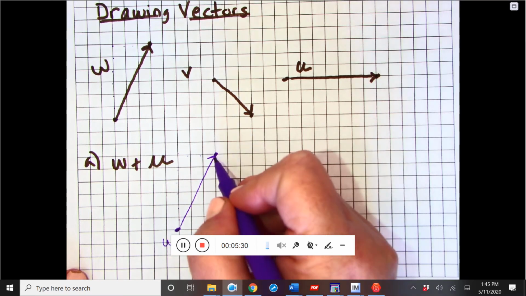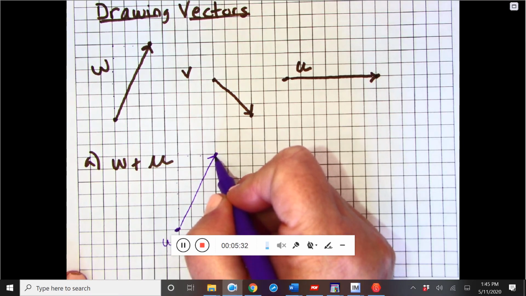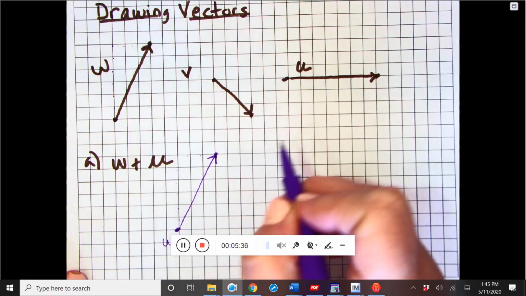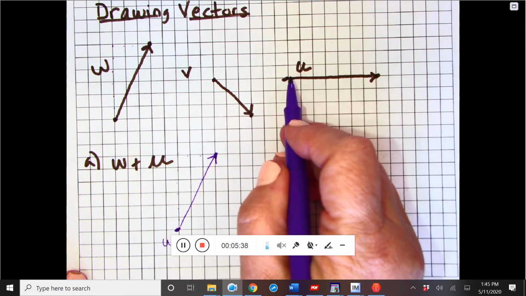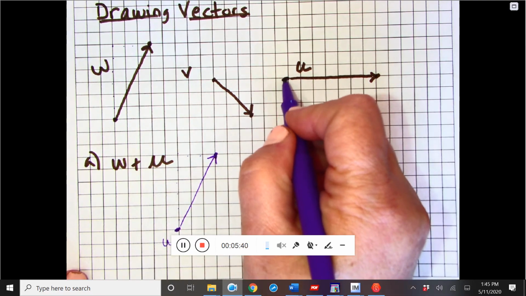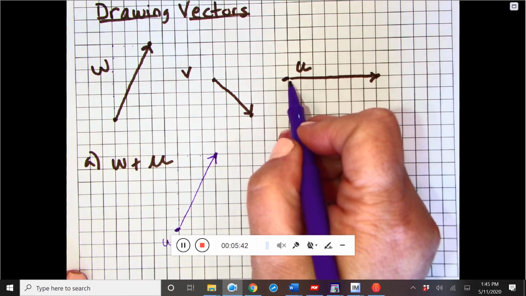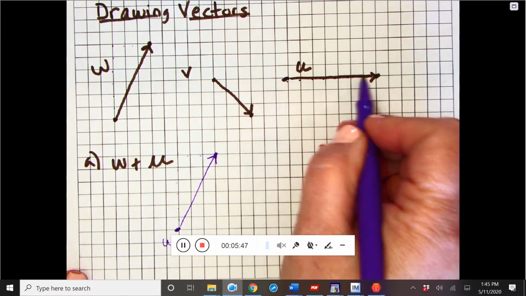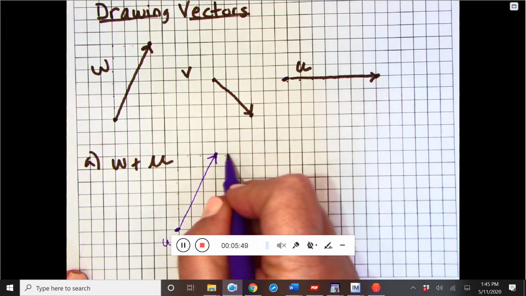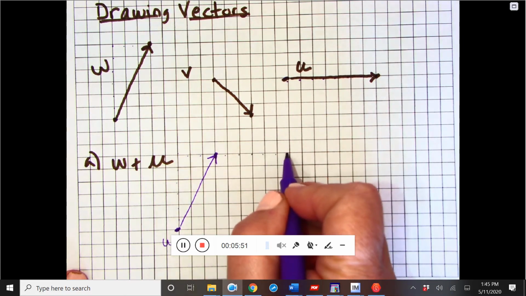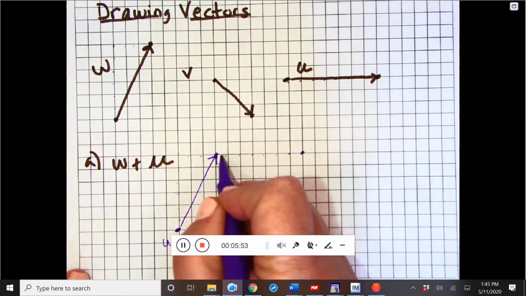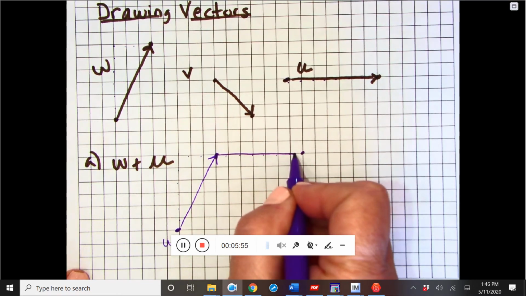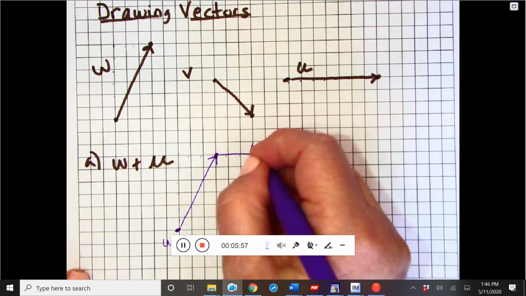This is the tail of vector W. On the tail of vector W, I'm going to add vector U. Vector U goes in a horizontal direction and it's 7 units long. There's vector U.